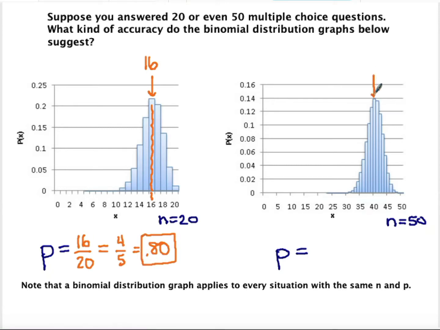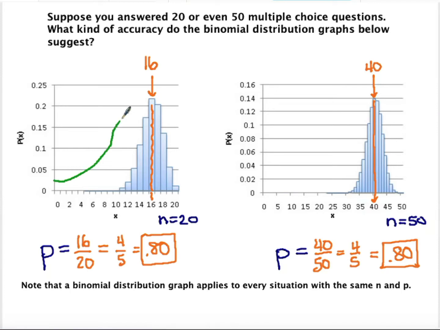How about on the other graph, my expected value? Looks like it's 40 out of 50. So again, 80% accuracy. And you'll notice that both of these graphs are shaped similarly, right? Aren't they very skewed? What do we call that? Skewed left.